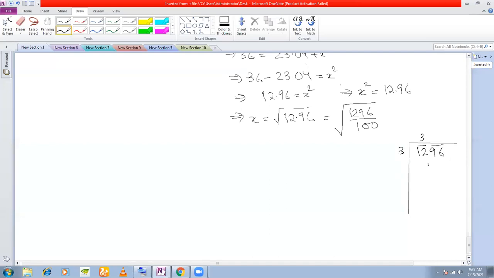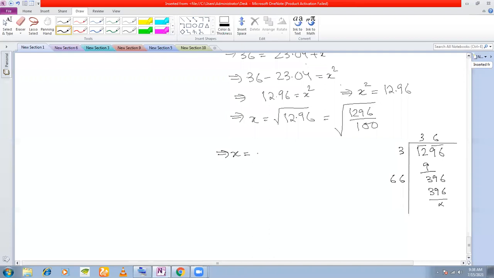Three into 3, 9, and you get 396, right? So double this, you get 6. So will 66 into 6 work? Yes. You insert the digit 6.